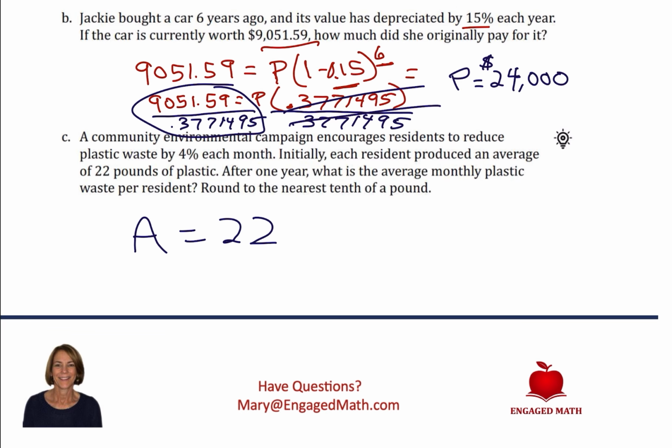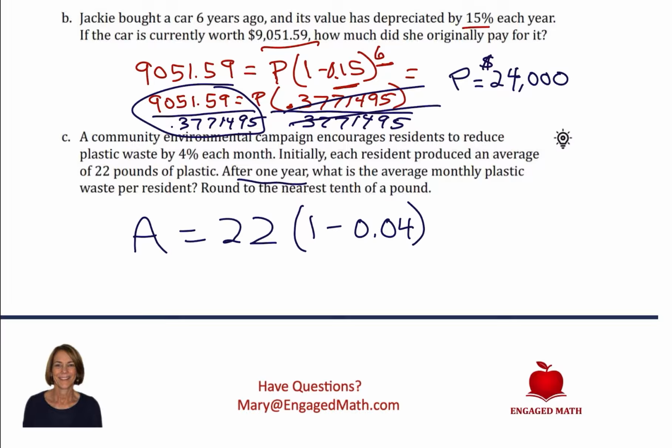That's a lot. It's going down because people are committing to trying to be a little more environmentally friendly. So we're going to do 1 minus 4 out of 100, which I'm going to make 0.04. And we're doing this for 1 year.